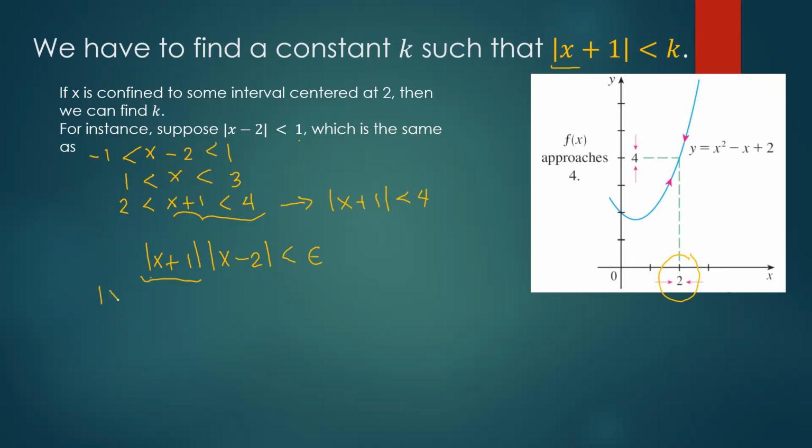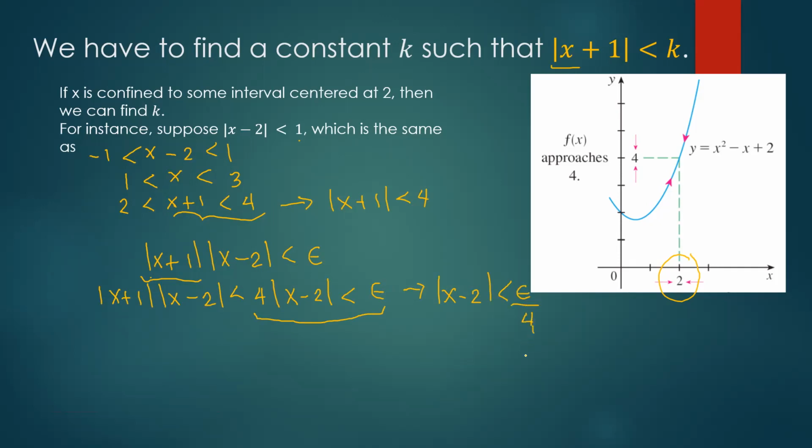So, pwede natin sabihin the absolute value of x plus 1, x minus 2, less than 4 times absolute value of x minus 2, less than epsilon. Now we can conveniently divide both sides here. Let's focus on this side. We can conveniently divide now by 4. So we can have the absolute value of x minus 2 less than epsilon over 4.